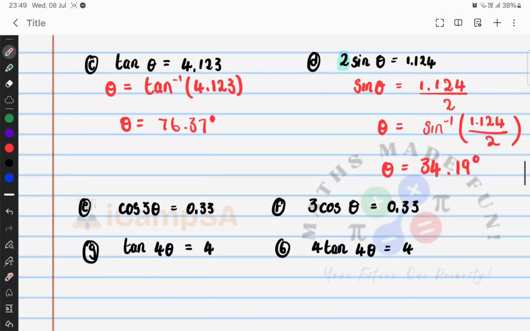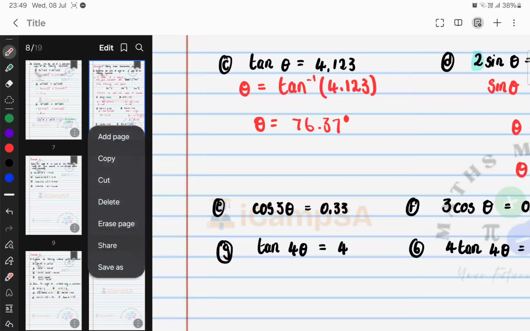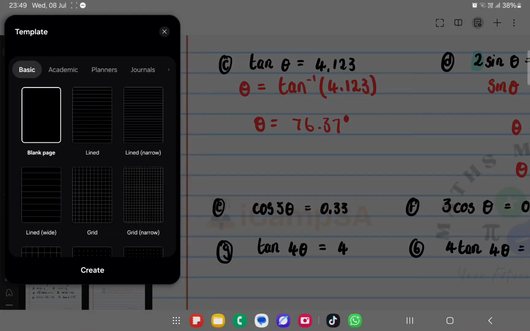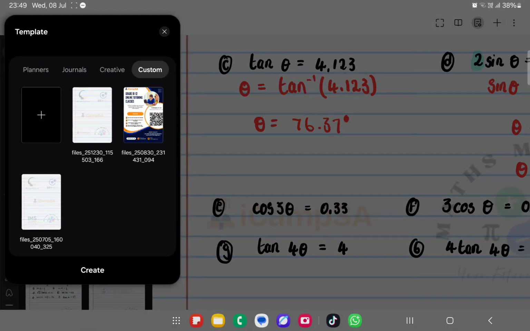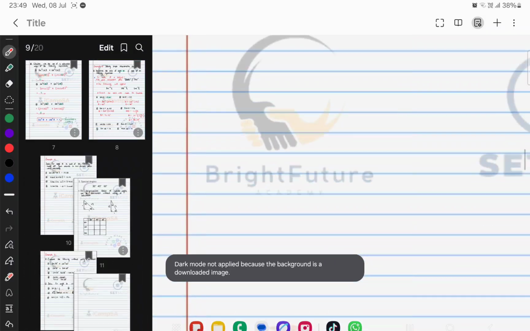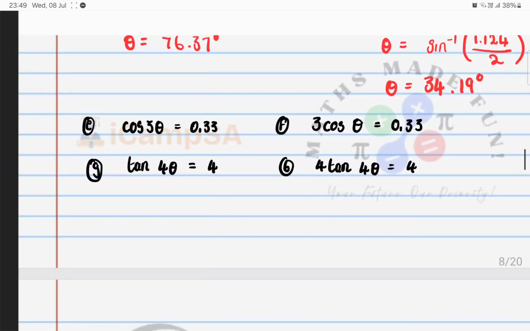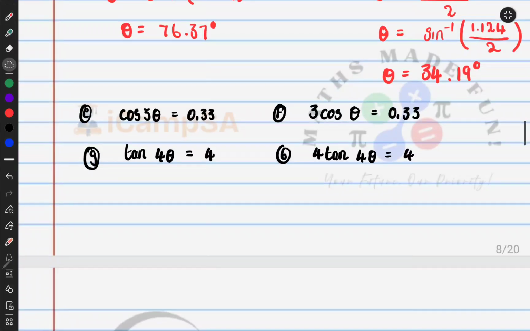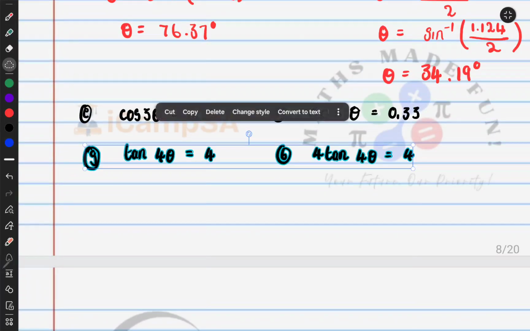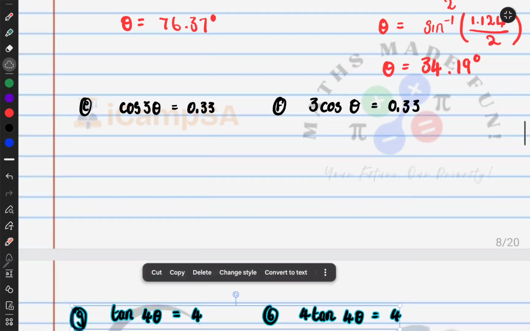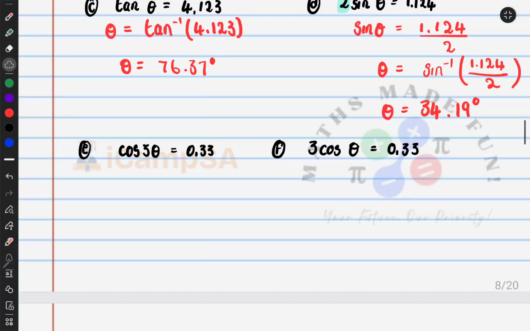Okay, let me add a page. And then next, let's find a value of, now it's cos 3 theta that we have there. That 3 theta, they belong together.